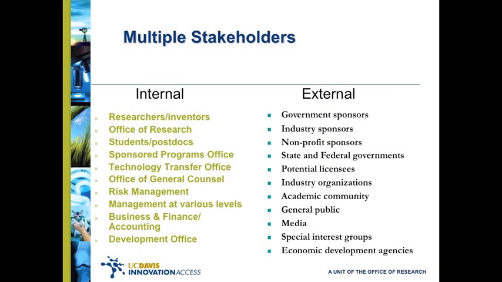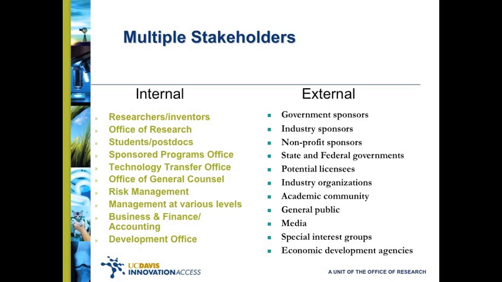Multiple stakeholders. In technology transfer, there are many interested parties, both internal to the university and external. This requires a great deal of interaction, explanations, and considerations to make sure that all of the interested parties have a say in how this is handled, have impact in the development of these new relationships, and that, above all, the public benefits.